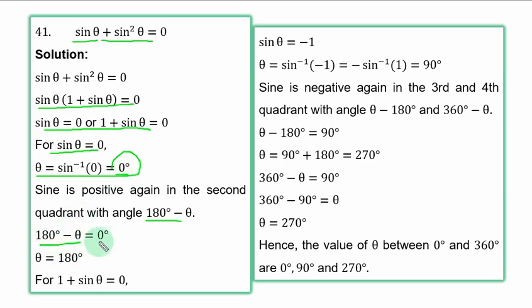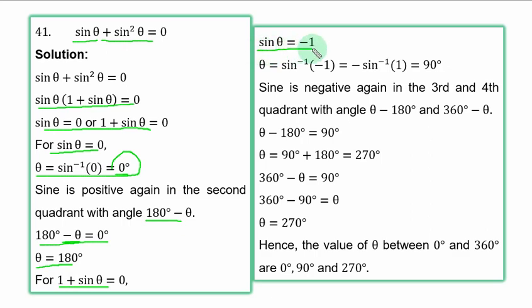So you have it in this form. If you simply transfer minus theta to the right hand side, it becomes positive. So you have theta equal to 180 degrees.